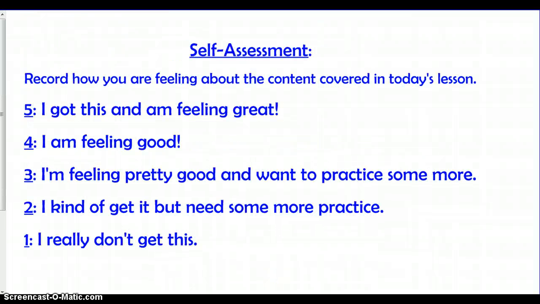And here's your self-assessment. Be sure to write it in the spiral.